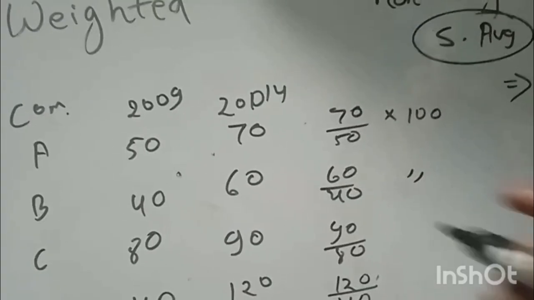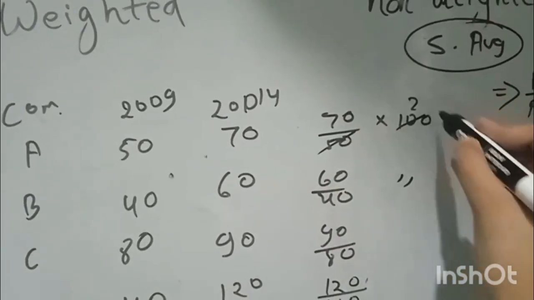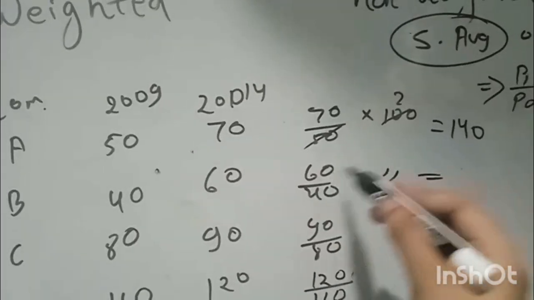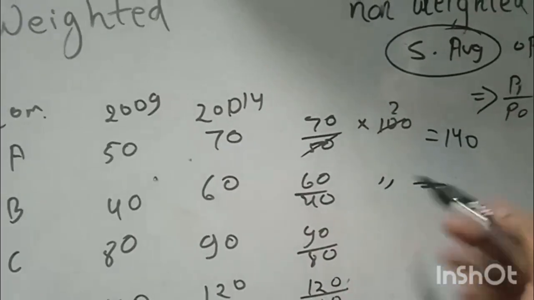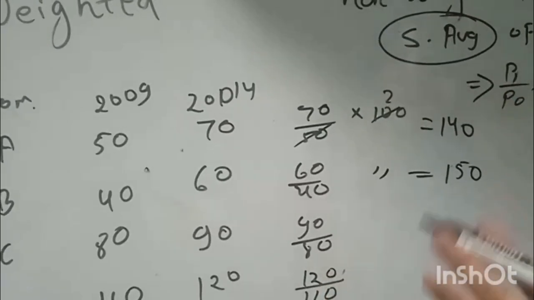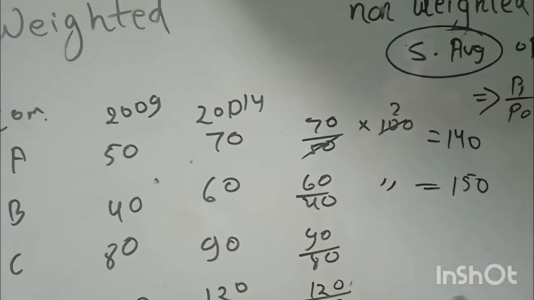Now find the price relative. It will be much easier to find. 140 and then 2.5, that is 60, 120 and 150, I guess. Yeah, 80 is like 1.25 times.